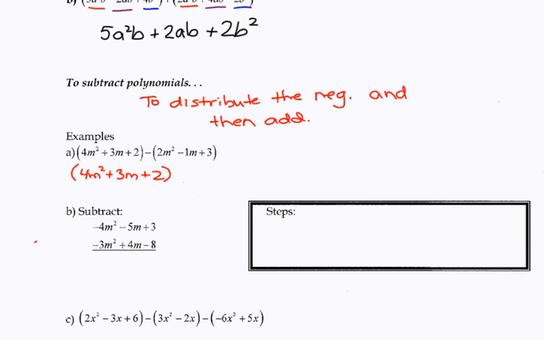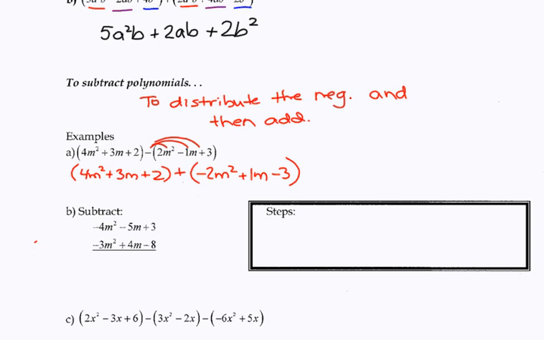So we want to change this to addition. By distributing the negative, what happens to all the signs inside? They're opposite. We're multiplying it by negative 1. So the positive 2m squared becomes negative 2m squared. A negative 1m becomes positive 1m. And a positive 3 becomes negative 3.